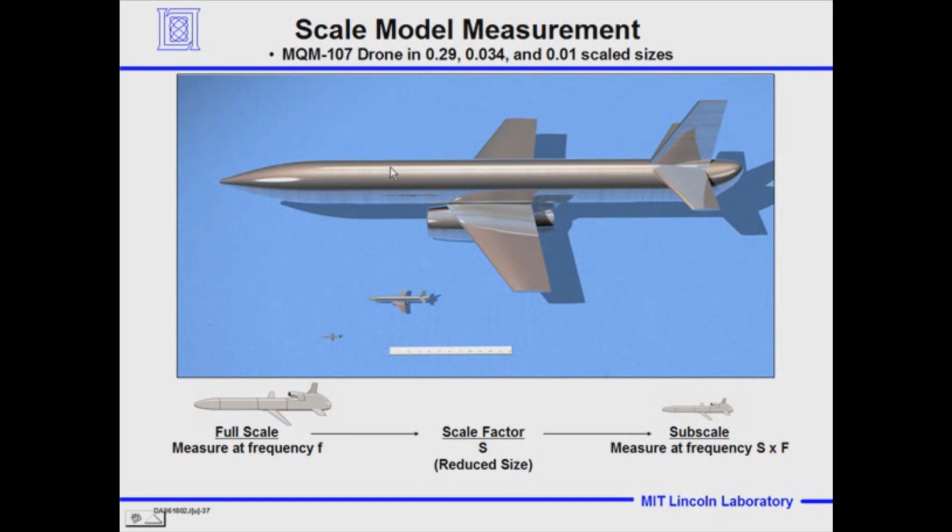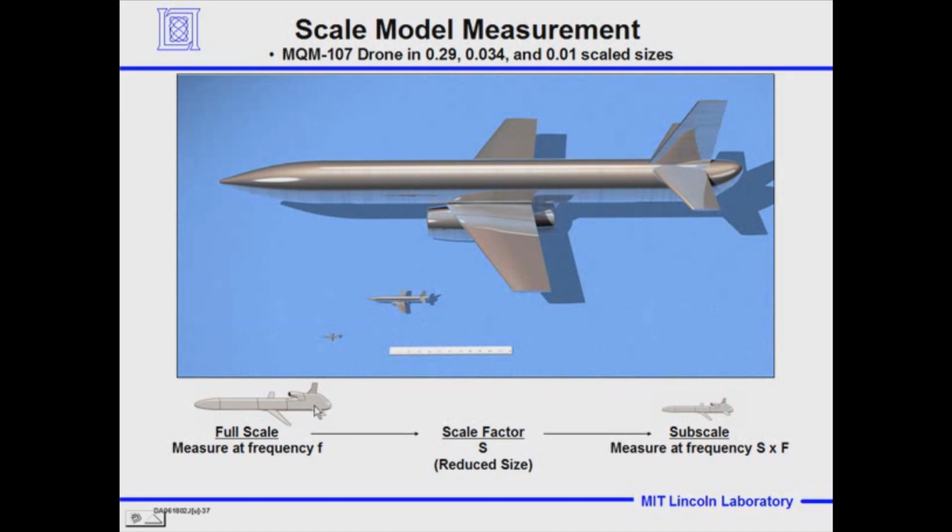Here we have a drone at 0.29 size, so you don't have the whole plane, you have a model of it. You can make calculations and measurements on scale models, but you have to scale things, and I'm going to go over how you do that.